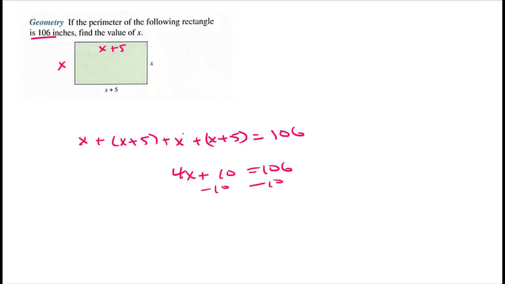So we subtract 10 on both sides. 4x equals 96, and then divide by 4. So x gives me 24.